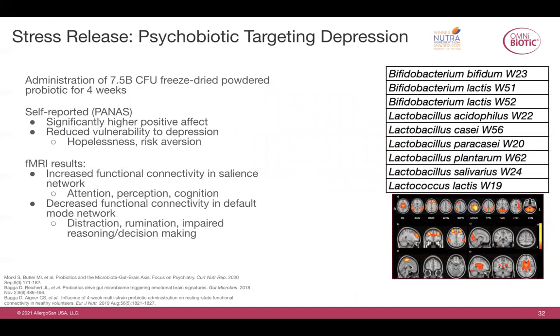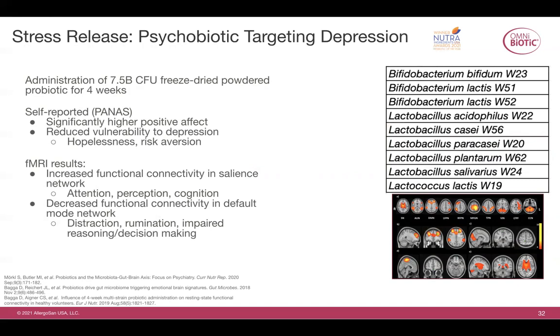Let's take a moment to look at a study on Omni-Biotic's award-winning Stress Release, which is a psychobiotic. There are a number of studies showing psychobiotic benefits in depression. In this particular pilot study, patients were given multi-strain freeze-dried powder probiotic of 7.5 billion CFUs for 4 weeks and no other intervention.